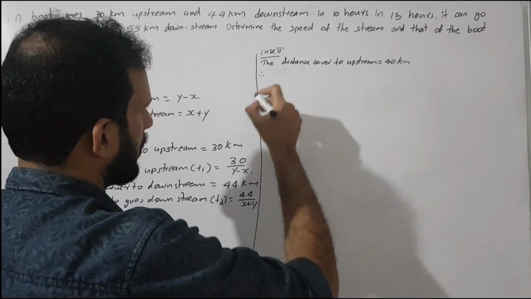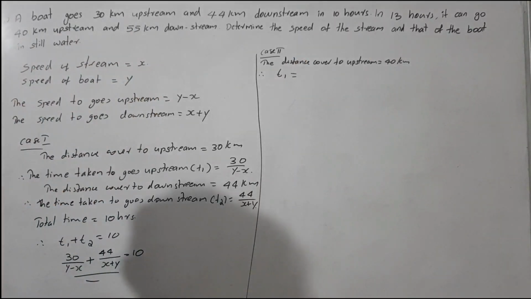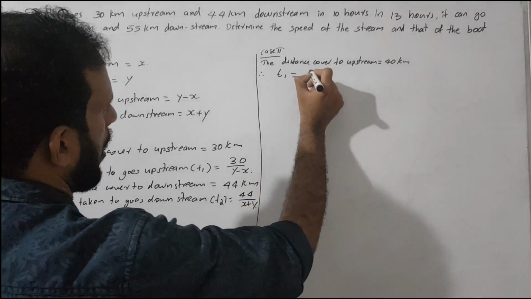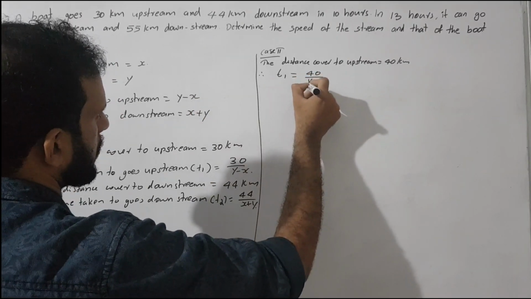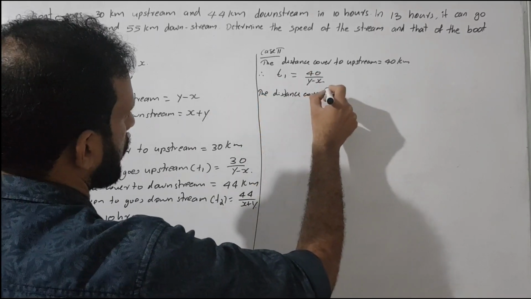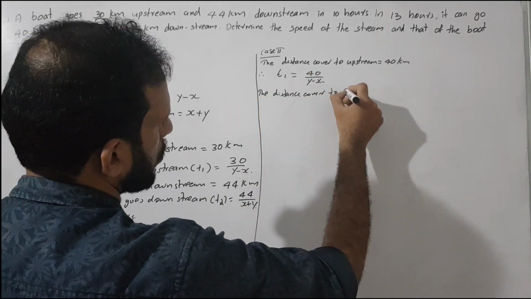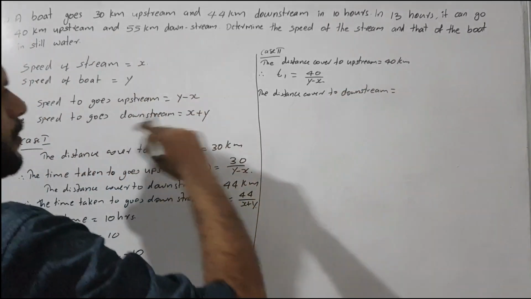Therefore, T1 means the time taken to move upstream. Okay, we shortly write T1 is equal to 40 by y minus x. The distance covered downstream is equal to 55.